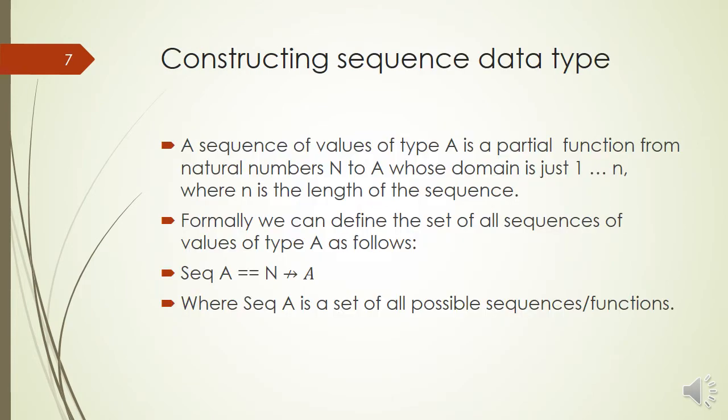Let us suppose a set A is a type, and we want to make sequences from the elements or values of set A. Then a sequence of values of type A is a partial function from natural numbers n to set A, and the domain of that partial function would be the integers from 1 to n, where the last integer n represents the length of that sequence.